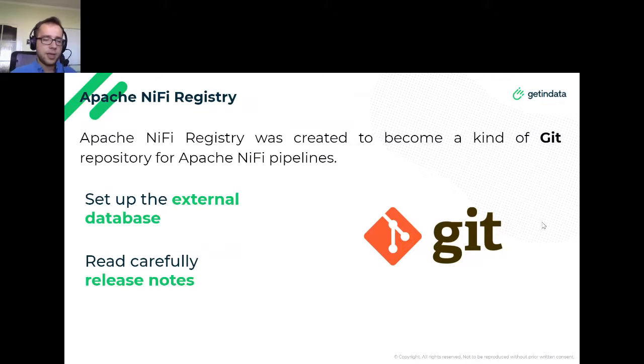So the NiFi Registry also has its own limitations. It can be really tough during the migration process when we migrate the pipelines from the old version, where we can find, for example, that in the new version we don't have the processor that we used in the old version.